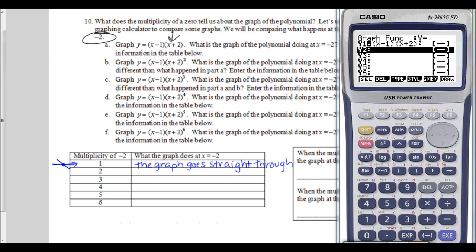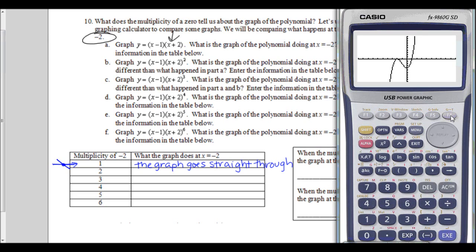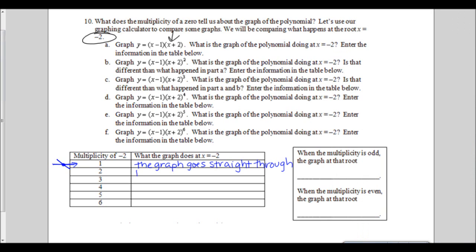So for part B, I took my function and I changed it to put a squared up there with my factor. If I look at the graph of this thing, now at x equals -2, something strange is happening. It's not going straight through like it did on the last one. If I had to describe what was happening there, the graph turns.